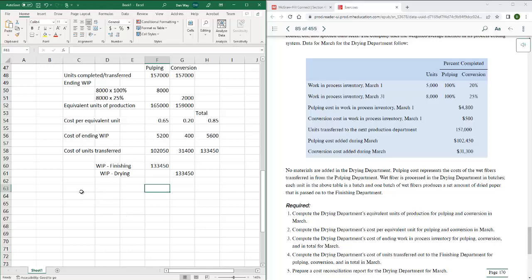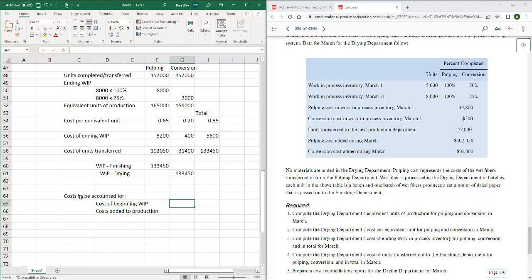So typically that first part will be the costs to be accounted for. For our purposes, that's typically from two sources. We've got the cost of the beginning work in process, and then we've got cost added to production during the period.